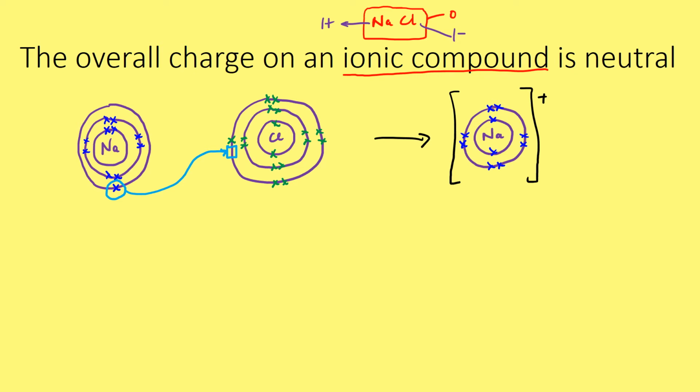And the chloride ion now has gained that electron, that little blue electron. So our chlorine first 2 shells are just the same, all full up, although I'm drawing these electrons as green, of course they're identical to the sodium electrons. But I just want to highlight the fact that there's 1 extra electron.